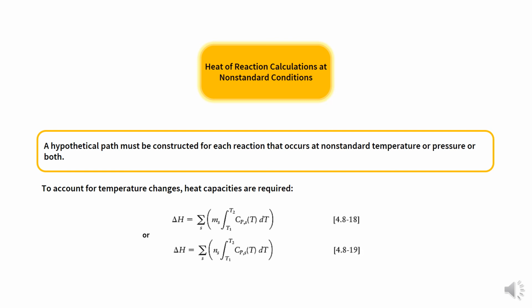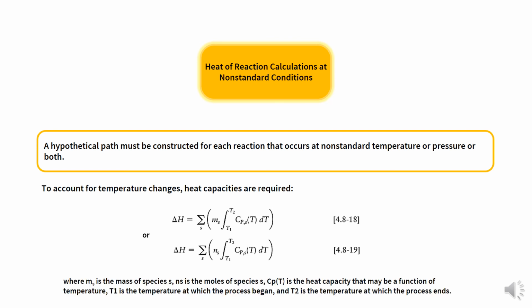The calculation of heat capacity can be seen in the following equation, where m_s is the mass of species S and n_s is the moles of species S. Cp(T) is the heat capacity that may be a function of temperature. T1 is the temperature at which the process begins, and T2 is the temperature at which the process ends.